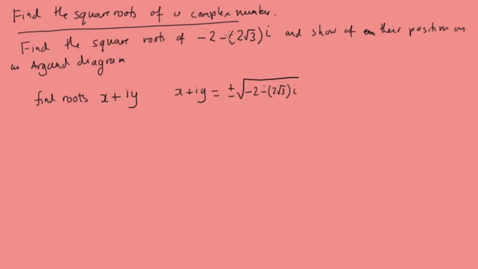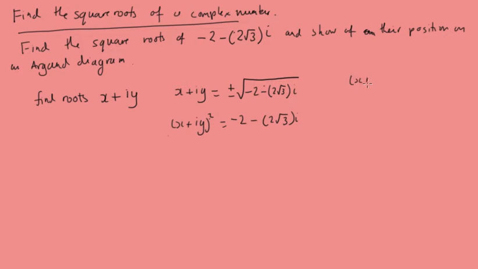So that's the square root of this. But what we're going to do is square this side so we get rid of the square root. And we're going to multiply this out.